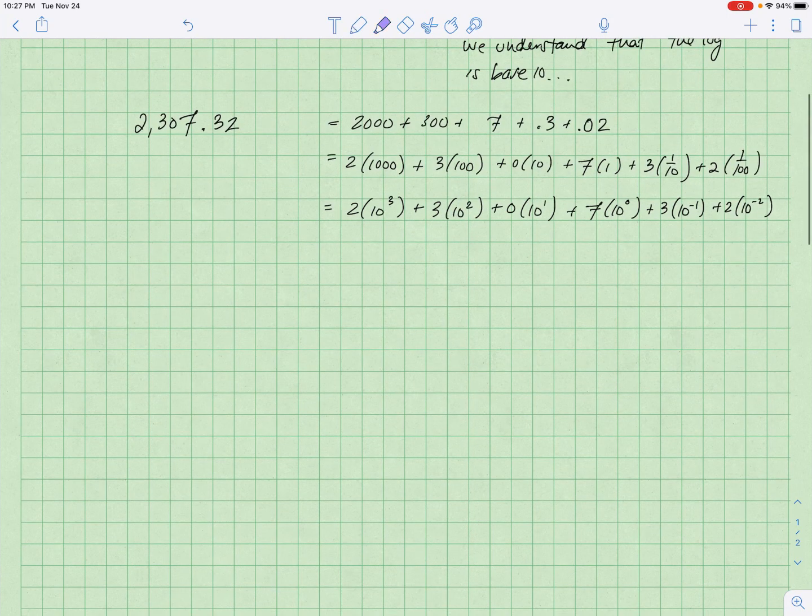And so the idea here is we're writing everything as multiples of base 10. And so log base 10 is actually pretty easy to calculate.